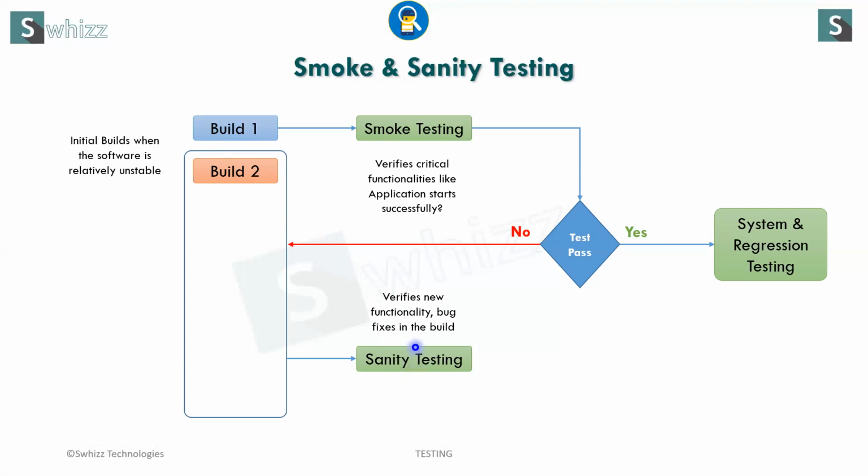In this, you verify whether the new functionality and the bug fixes in the build happened or not. Of course, in smoke testing and sanity testing, some test cases will be common, but here you again verify whether the bug you reported to the development team got fixed or not.